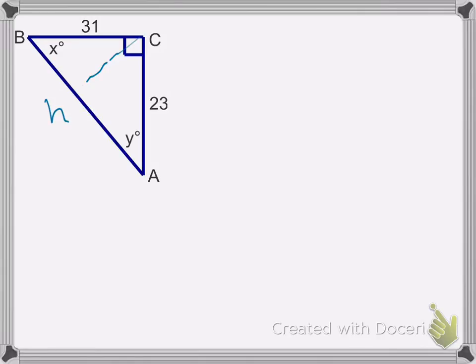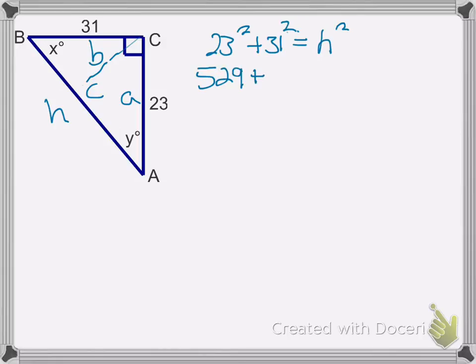To do that, given a right triangle and 2 sides, I'm going to use my Pythagorean theorem again. A squared plus B squared equals C squared. I'm going to call it H. 23 squared is 529 plus 31 squared is 961 equals H squared.